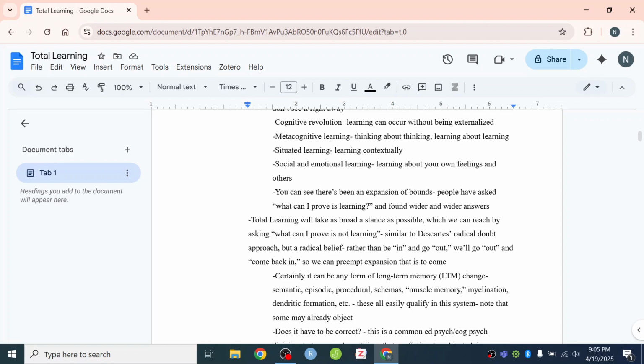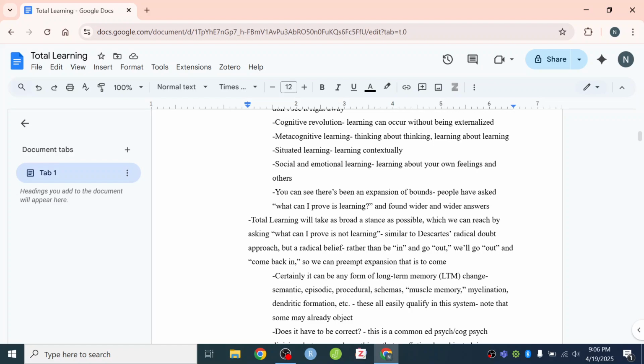Whatever we take as a change in long-term memory will all easily qualify in our framework of total learning, the broadest possible stance. If anybody has accepted this as a form of learning already, we're obviously going to accept it. We're taking all comers.